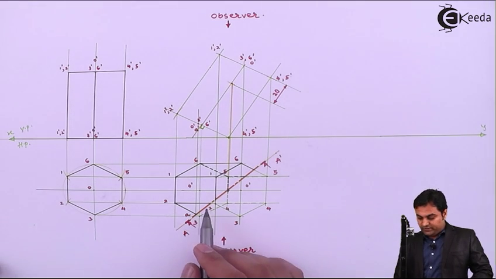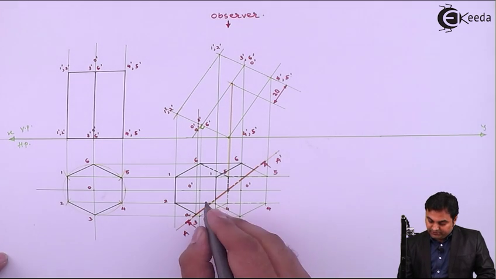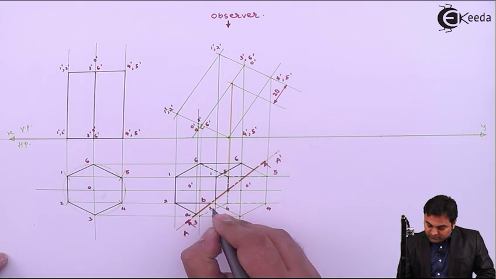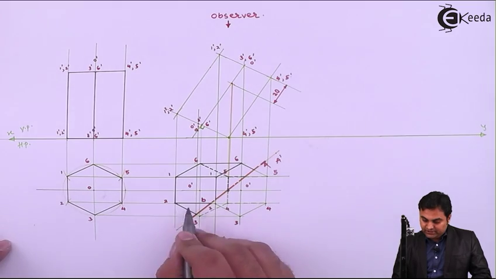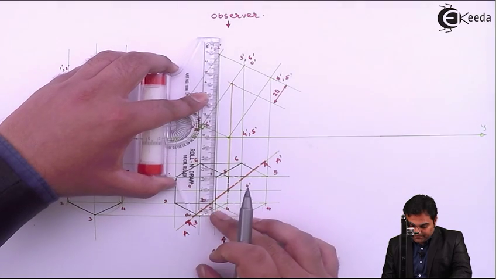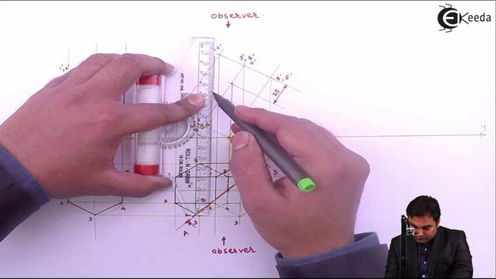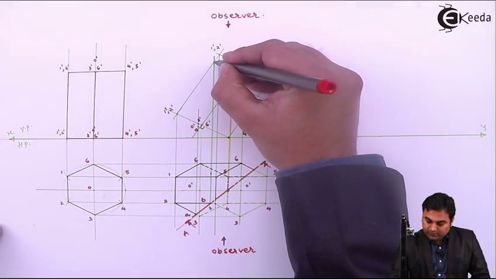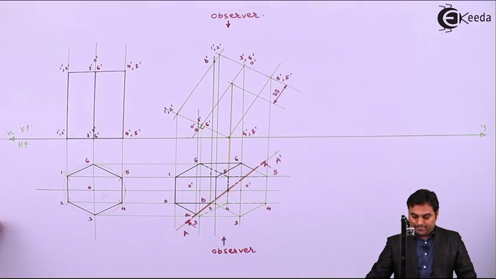Then where this cutting plane is cutting the edge 2 2, for that point I'll say it is point B. This is the point B in the top view, and it is cutting 2 2 edge. So edge 2 dash is here, that will be projected up. So projecting point 2 up, and now this will give me the point B dash in the front view.